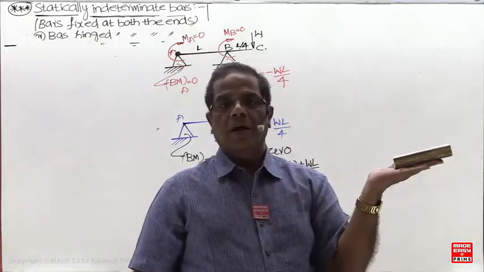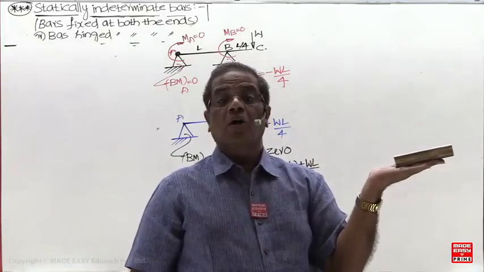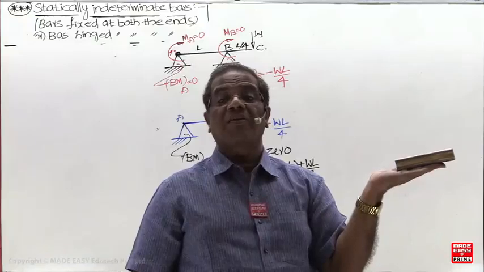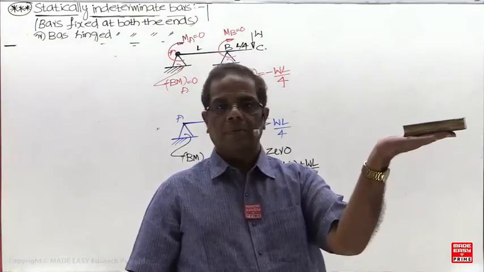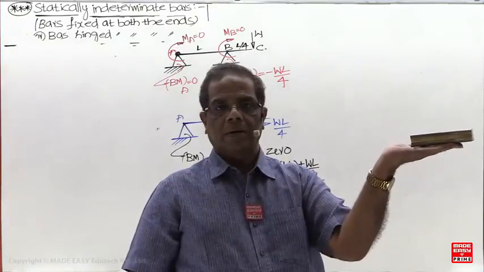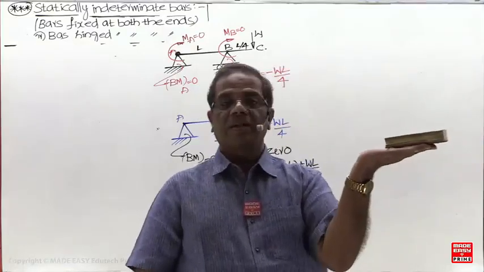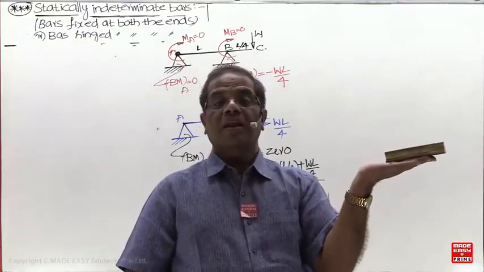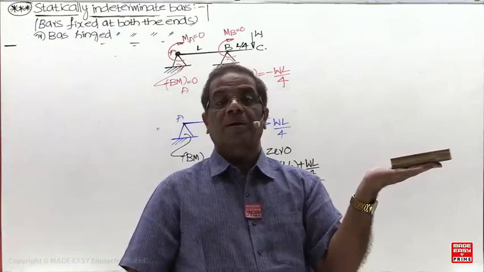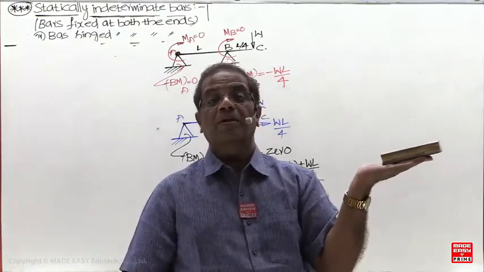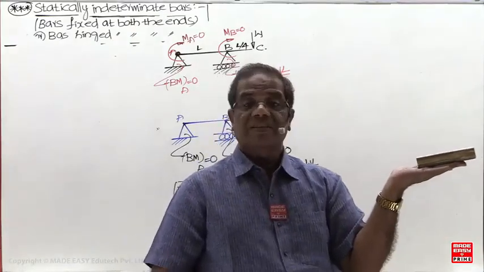Shall I consider this a roller, a hinge or a fixed support? Supports are 3: roller, hinge and fixed support. So which support is it? Somebody will say fixed support, somebody will say hinge support, somebody will say roller support. Which support is it?